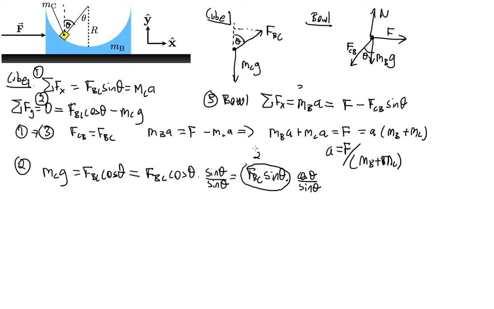From equation 2, I'm going to plug 2 into this expression right here. Plug 1 in there, and that gives me mc times the acceleration times 1 over the tangent.